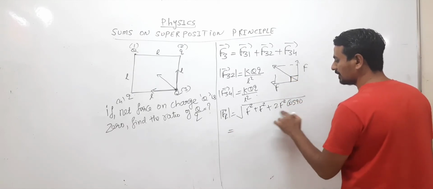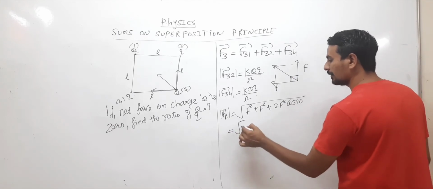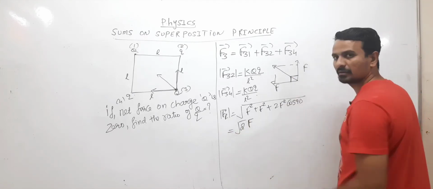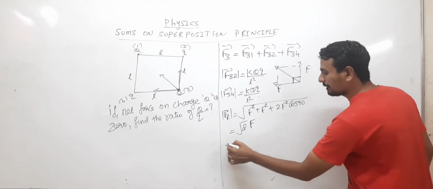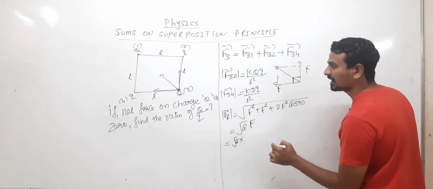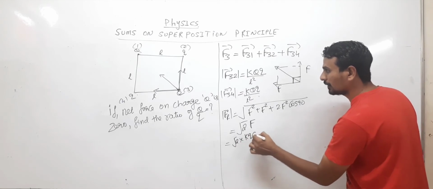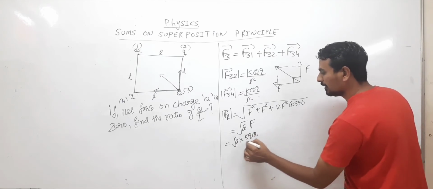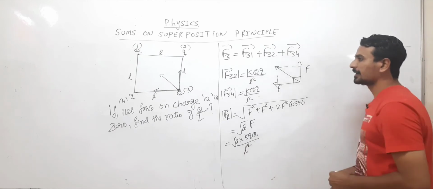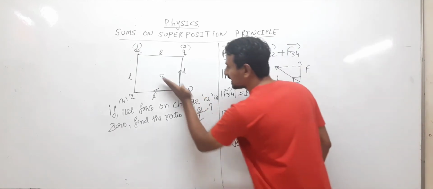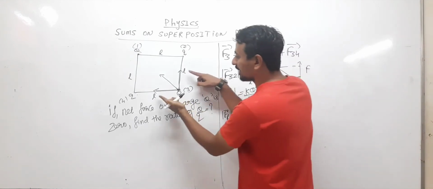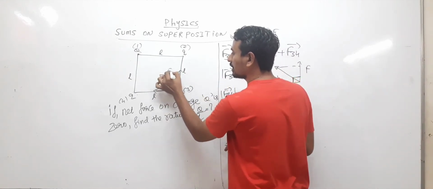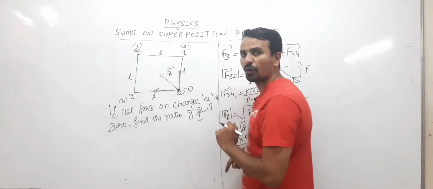So this term will be 0, and this will be root 2 F, right? Now root 2 into F, where F is KQq upon L square, and this force will be in this direction. That means the resultant of these forces is in this direction.